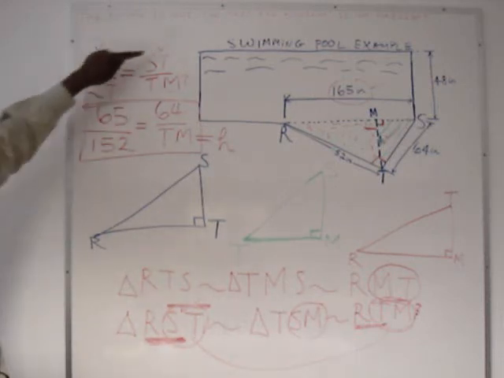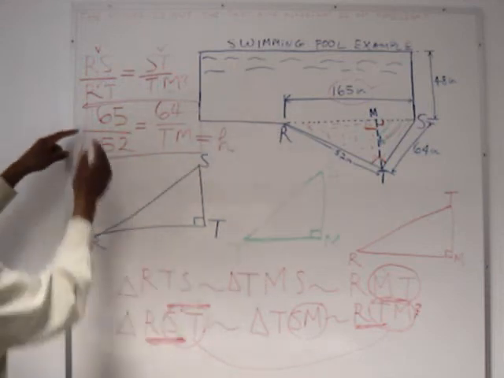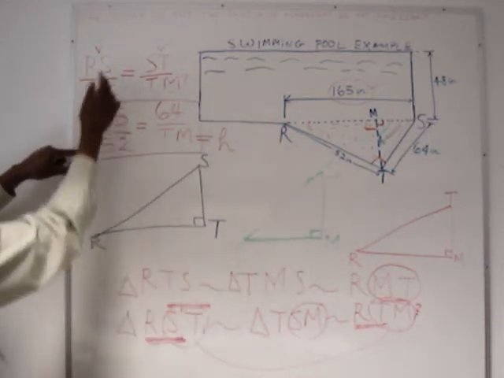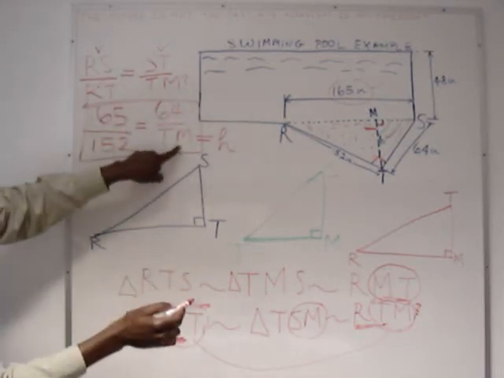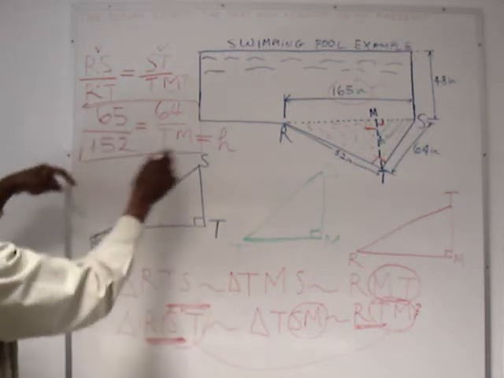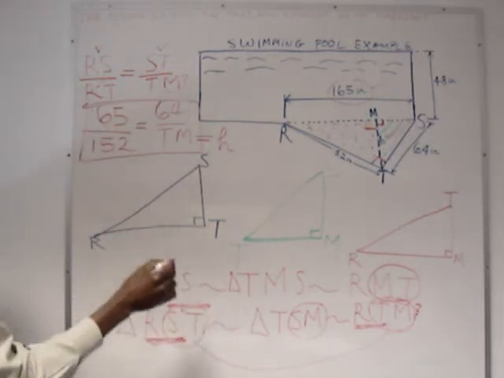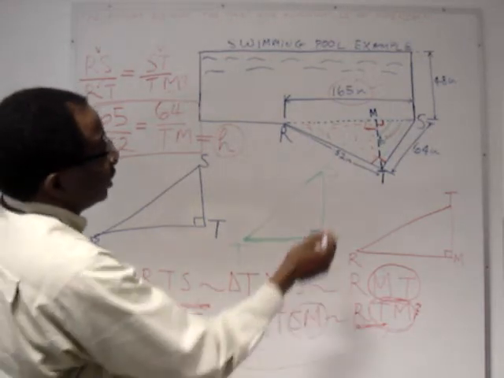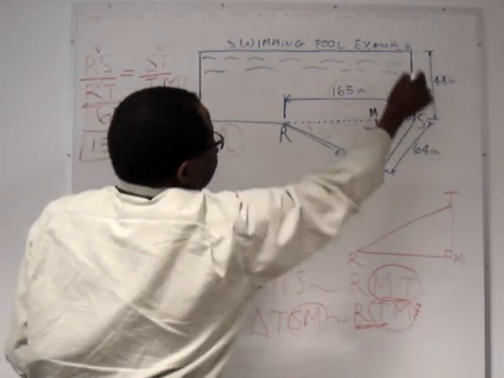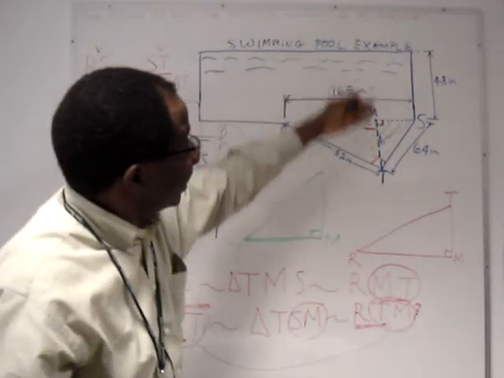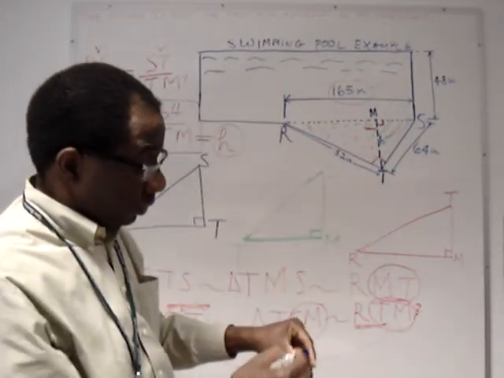We know the others, because we're given them. So you form that ratio, plug in the numbers, and the only thing you don't know is TM, which is H, and then you can solve this ratio. That gives you H, and once you obtain H, you add it to 48 inches, and that will give you your final answer, which is the total, maximum depth of the pool.